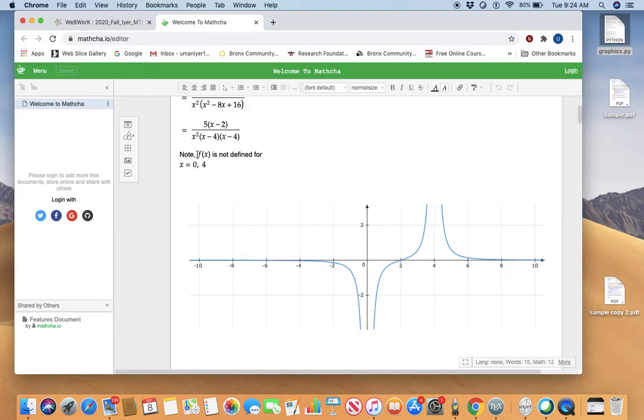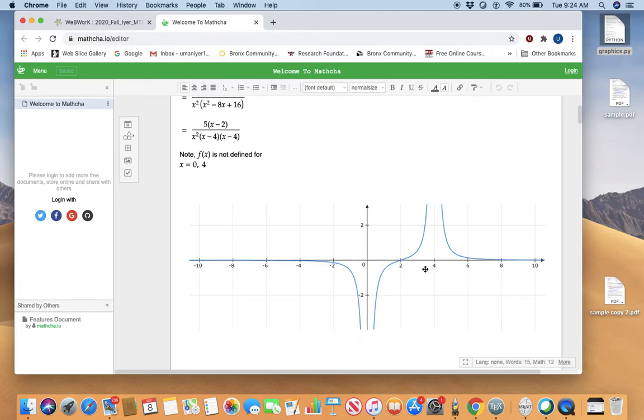So 0 and 4 are places where the function is not defined. In fact, you have vertical asymptotes. To the left of 0, if you plug in values, say minus 2, you will find a negative value. So that's what tells me it's going to negative infinity.